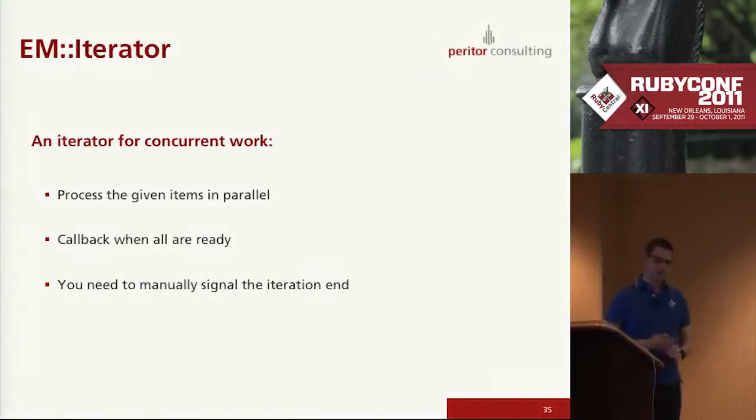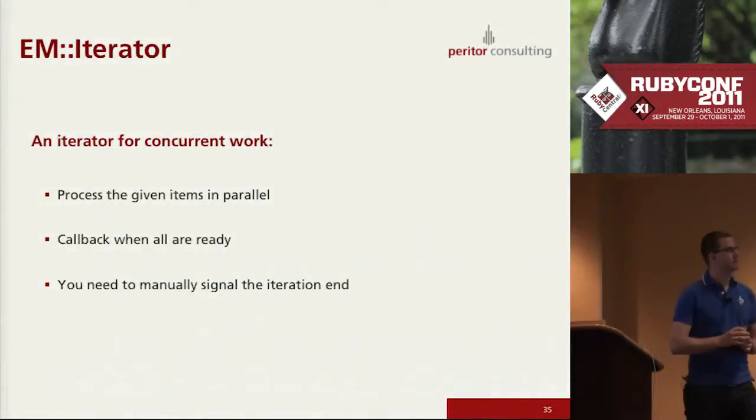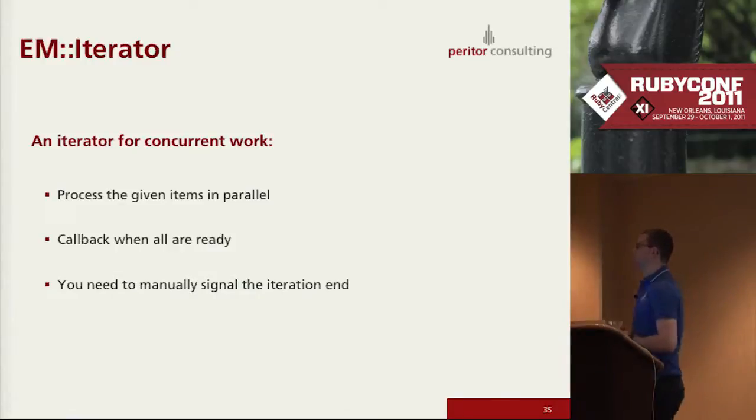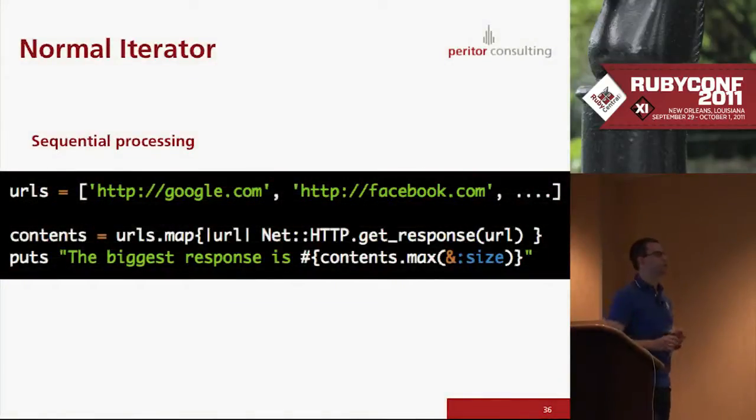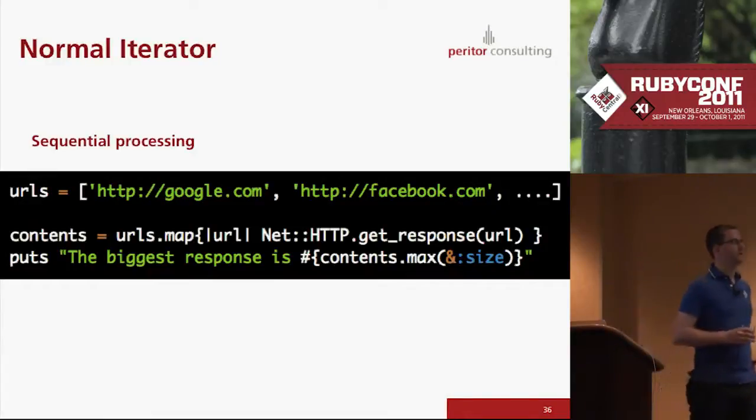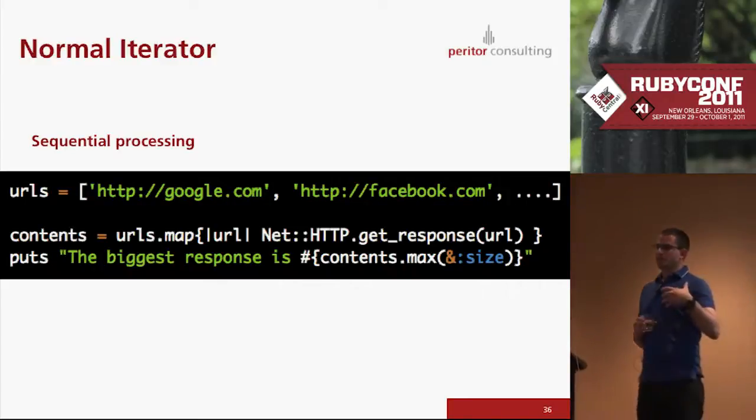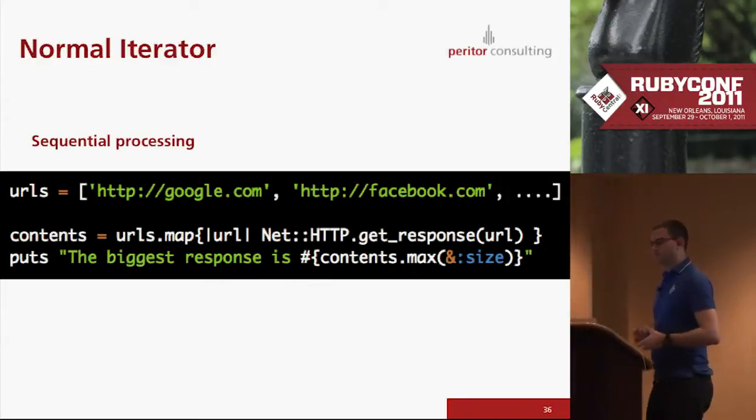Another very useful thing that you can use is the Iterator. EM-Iterator allows you to iterate over a set in parallel. If you use the built-in iterator in Ruby, let's assume we have an array of a couple of URLs, and we want to find out what is the biggest site hiding behind those URLs.